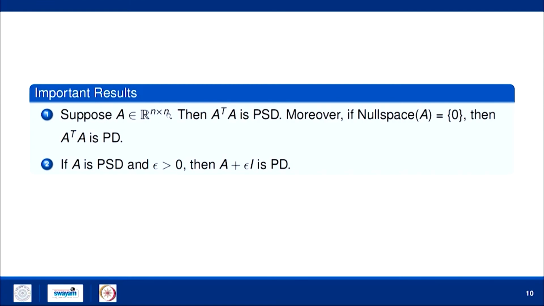Another very important result related to machine learning is this: suppose A is an n by n real matrix which need not be symmetric, then A transpose A is positive semi-definite. So, if some algorithm needs positive definiteness on a certain matrix, you multiply both sides by the transpose.